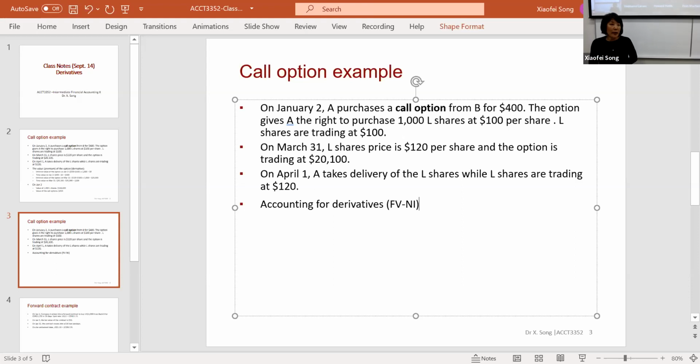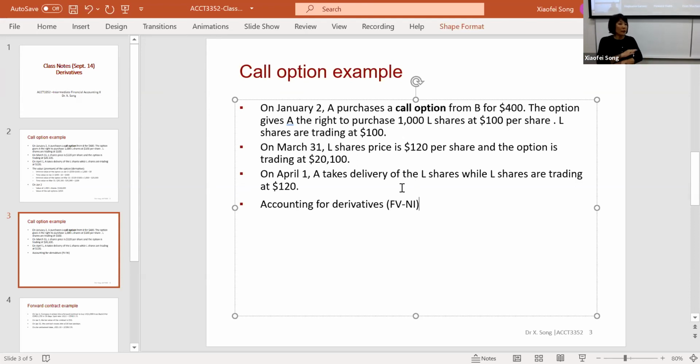Fair value through net income means that at every statement of financial position date, you need to adjust the value of the derivative to its fair value. So from the initial purchase, the initial investment, if it goes up, you recognize the gains. If it goes down, you recognize the loss. And the gains and losses go into the income statement. So it's very straightforward. Now, I want to mention that this is when the derivative is not used for hedging.